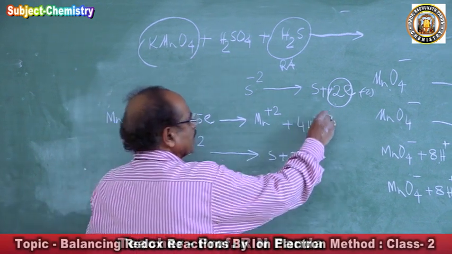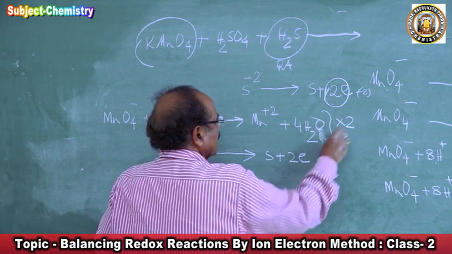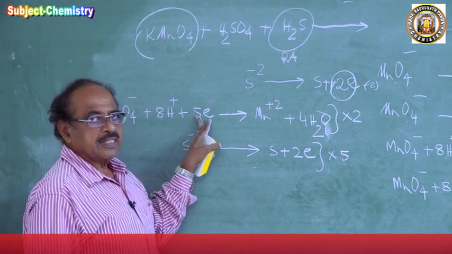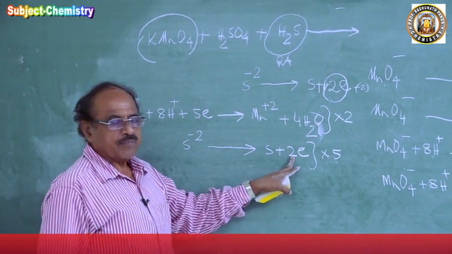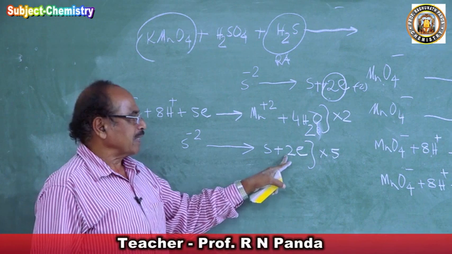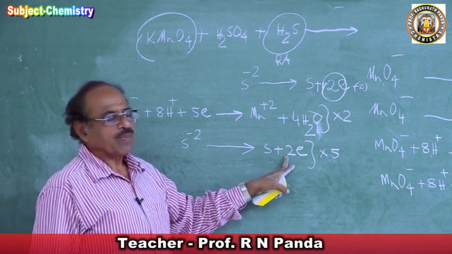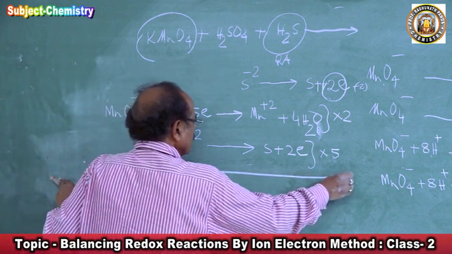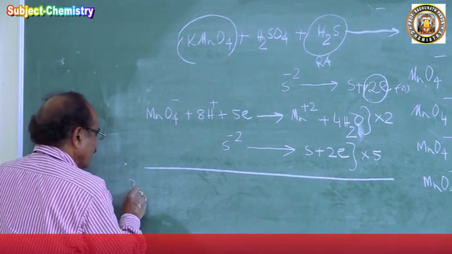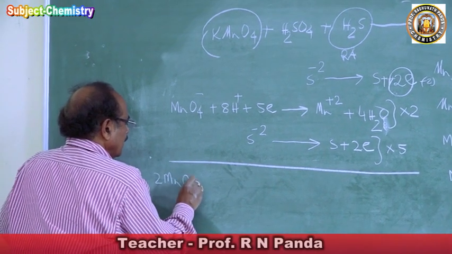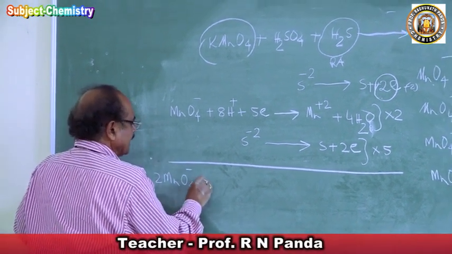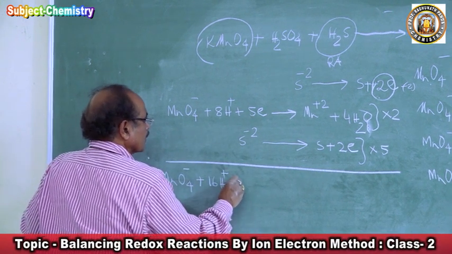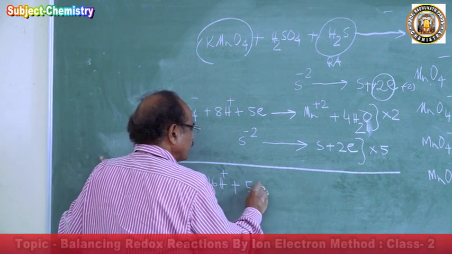So let us multiply this equation by 2 and multiply that equation by 5. Why? Because here 5 electrons are there, and if you take 2 electrons, to balance 5 and 2 you have to multiply by 5 and by 2. This will become 10 and this will become 10. So we will add here 2 MnO4 minus plus 8H plus into 2, 16H plus, plus 5S minus 2.